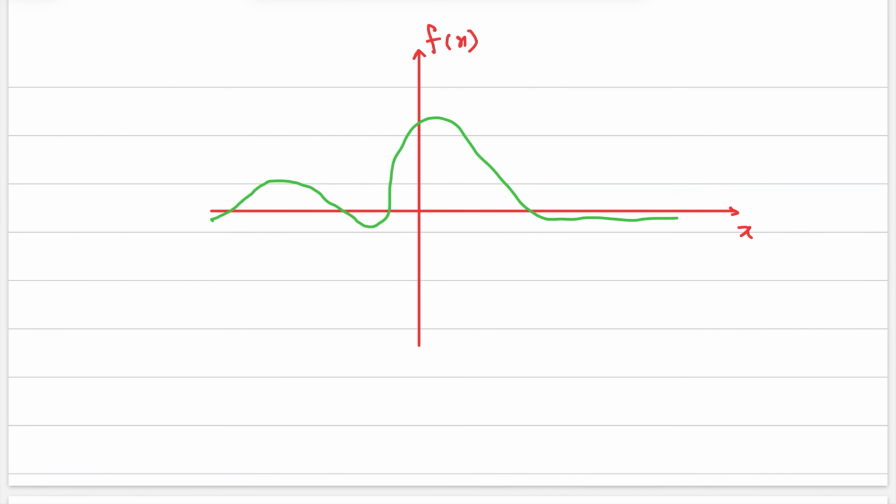It is not drawn to scale. Just to make you understand, I have drawn it like this. And the actual curve, our function x curve, is like this.